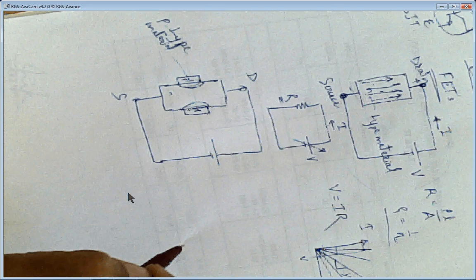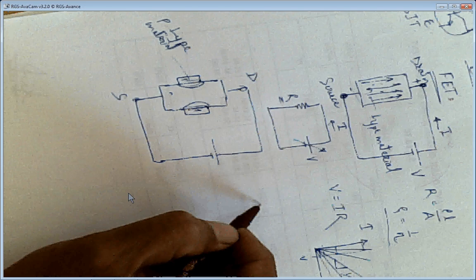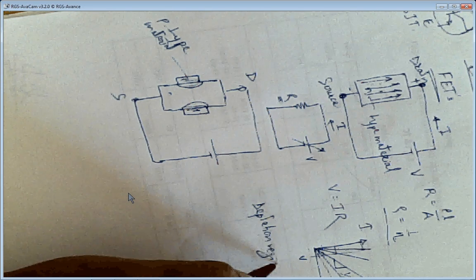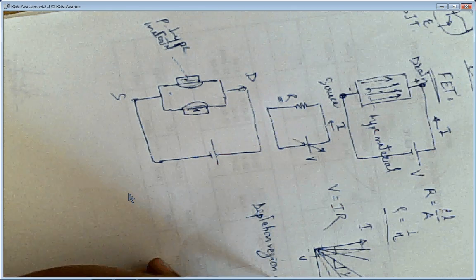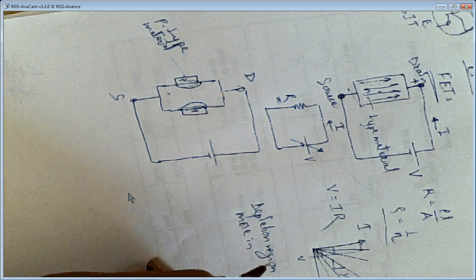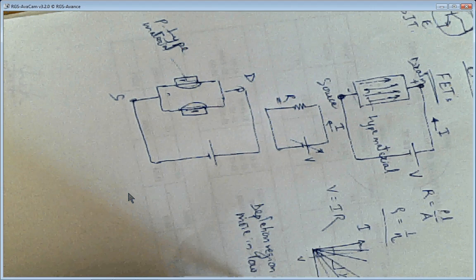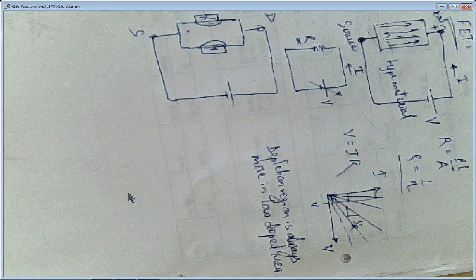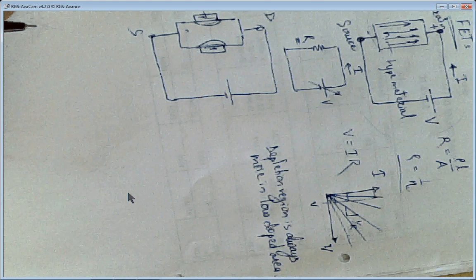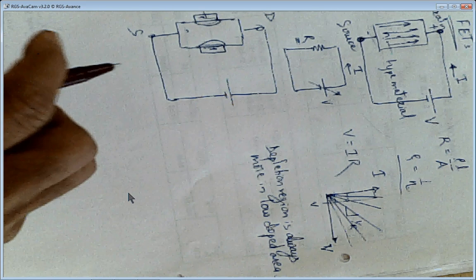Why? Because depletion region is always more in the low doped area. What is the low doped area here? The low doped area is the N-type material, whereas the heavily doped area is the P-type material. So because of this P-N junction, there will be a depletion layer, and it will be more in the N-type region.